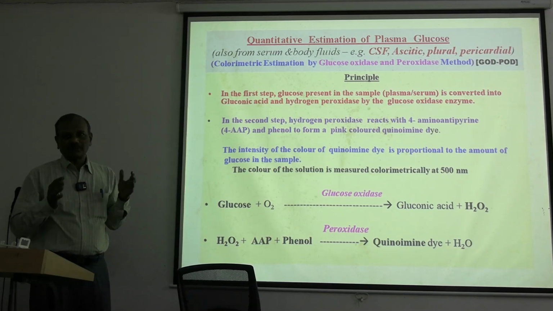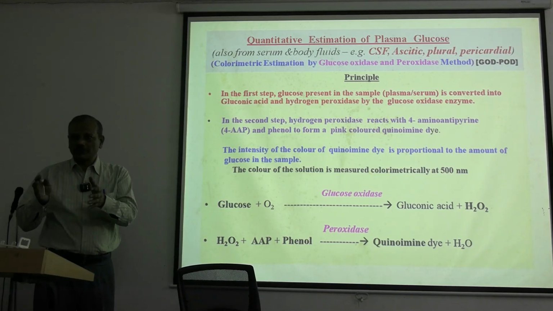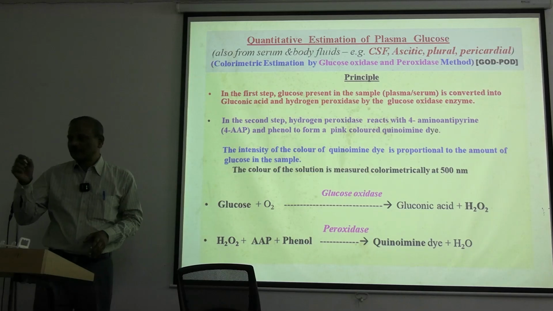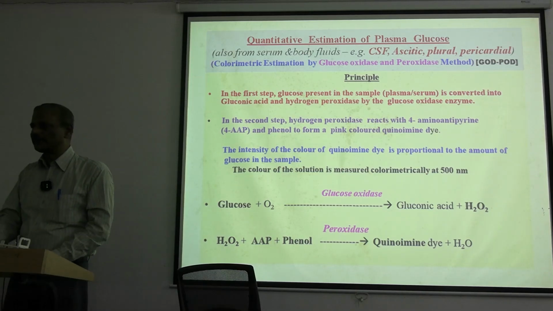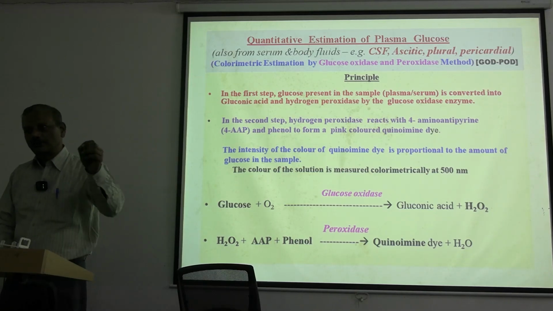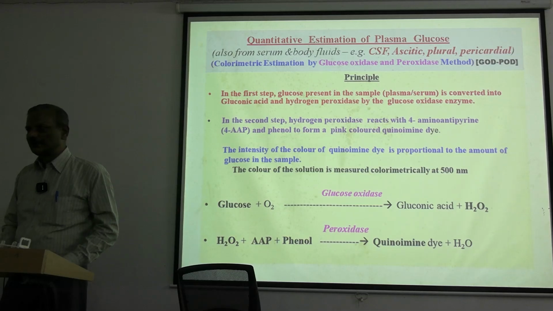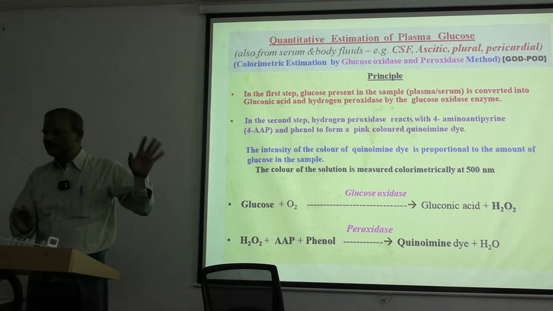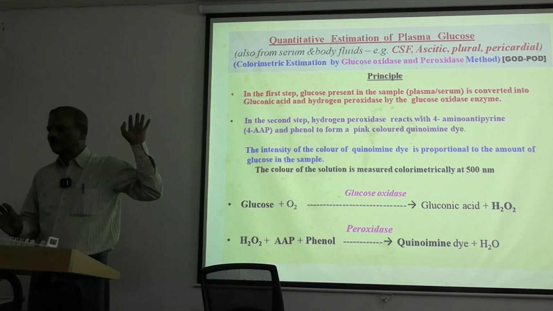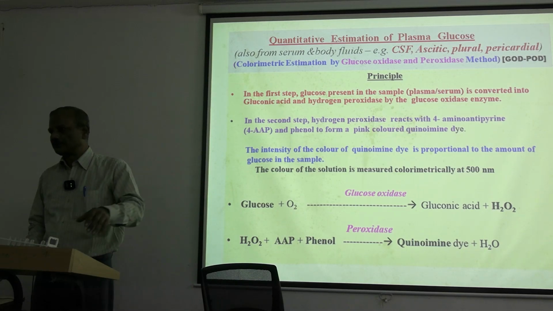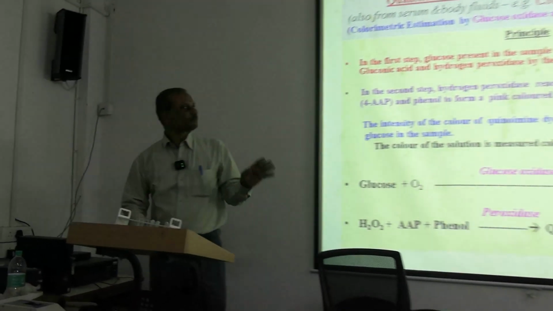If there is an excess amount of fluid, that will cause disease, and that fluid needs analysis for actual confirmation of the disease, and their glucose estimation is required mandatorily. So using this method, glucose can be measured from these fluids also, not only blood. Okay. So that is the purpose why I have written it.